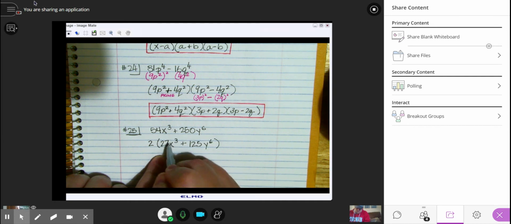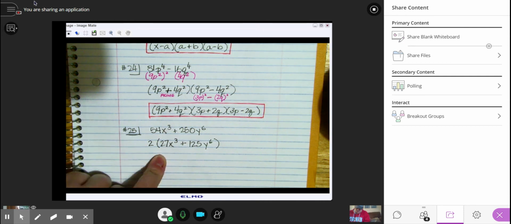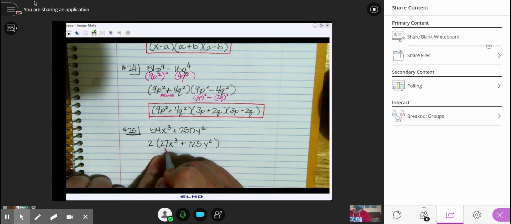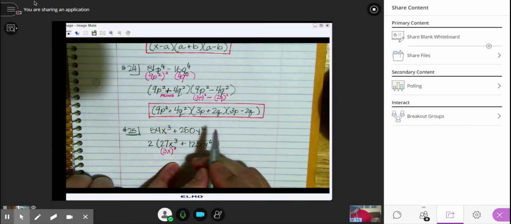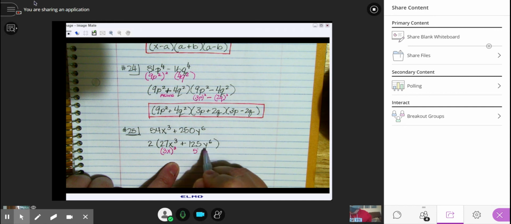The cube root of 27 is 3. What's the cube root of x cubed? So this is 3x cubed. Is 125 a cube? And is y to the sixth a cube? So this is 5 times y squared, cubed.